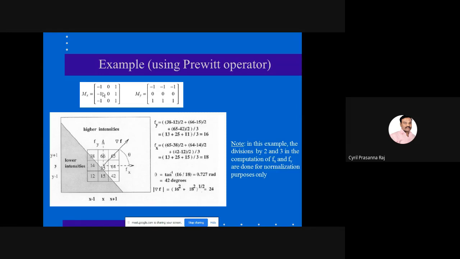By identifying the edges, you are only telling how many edges are available in an image. You are not identifying the objects, because one object may have multiple edges. So just computing edges does not identify the object. The first step is to identify the edges in an image. Once you identify the edges, you then identify the intensity levels within these edges.